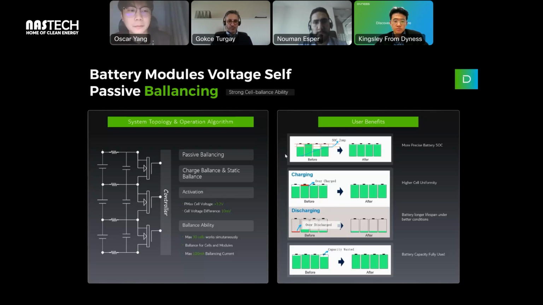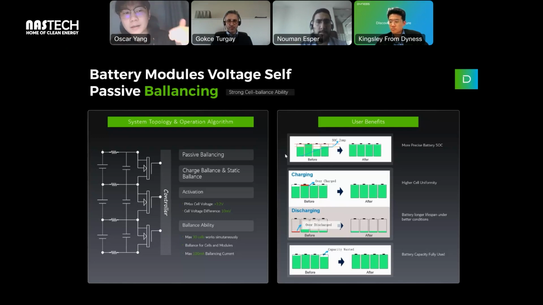In this situation, the active balancing system demands more structure and copper, causes a higher rate of failure, and causes more cost. That's why we are not using it.